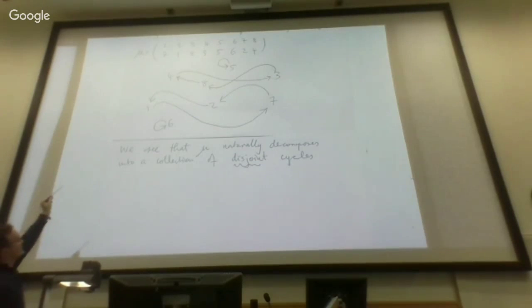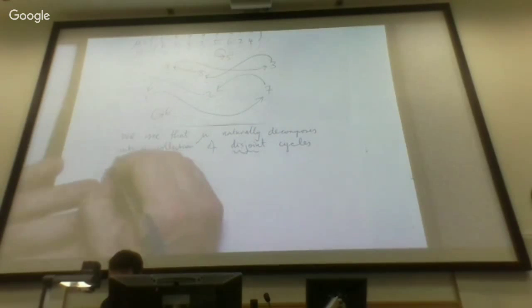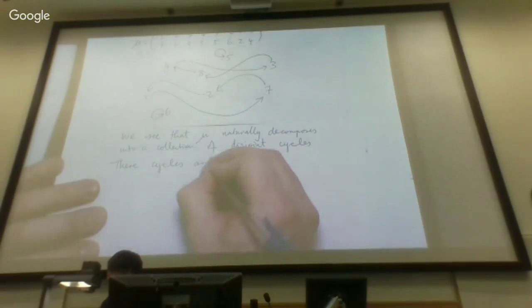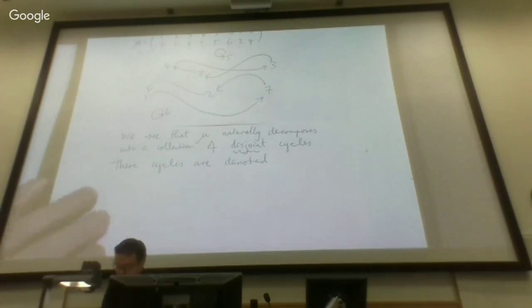So the cycle where 2 lives is completely different to the cycle where 4 lives. If there was any intersection, they'd be parts of the same cycle. These disjoint cycles are denoted, so this is the cycle notation now.